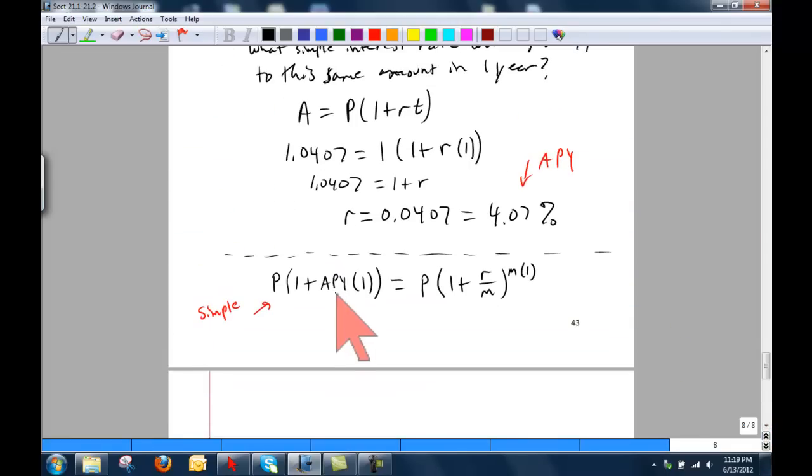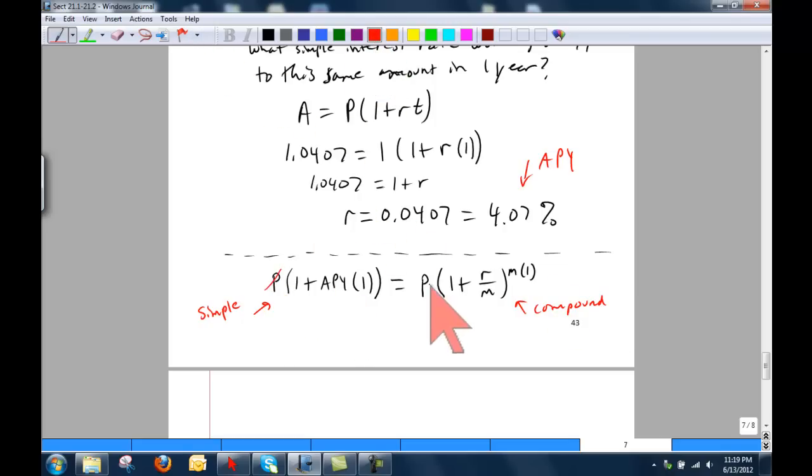And so as a formula, the question is, okay, what is APY? What's a formula for APY? This is compound, setting simple interest equal to compound interest and solving for the annual percentage yield.